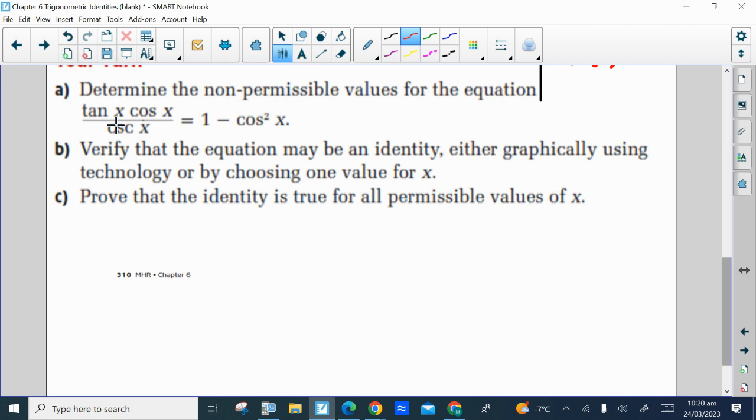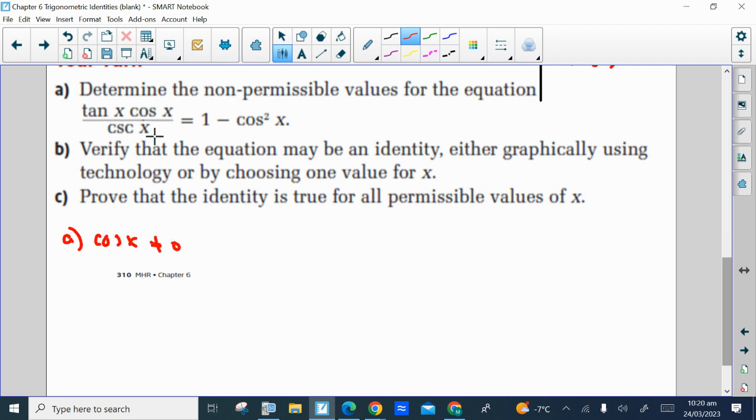So the fact that tan x is in the numerator means that only when you take tangent as sine over cos are you going to get a non-permissive value. So because tan x is a factor of the top on the left side and tan is sine over cos, we would first say that cos x can't equal 0.